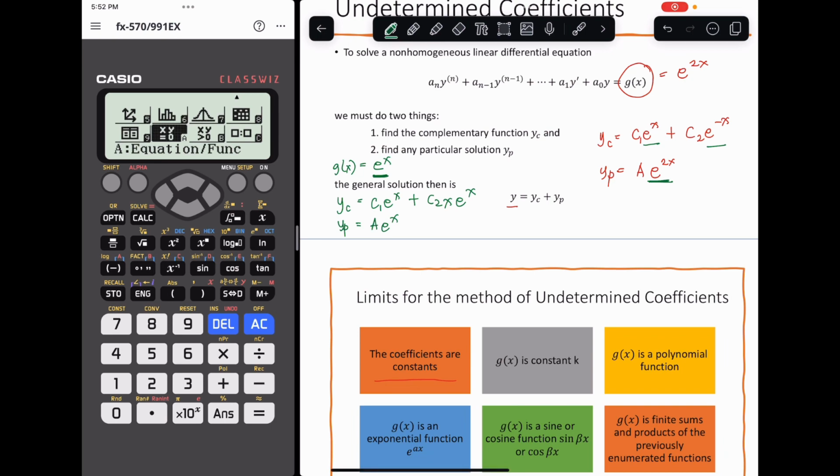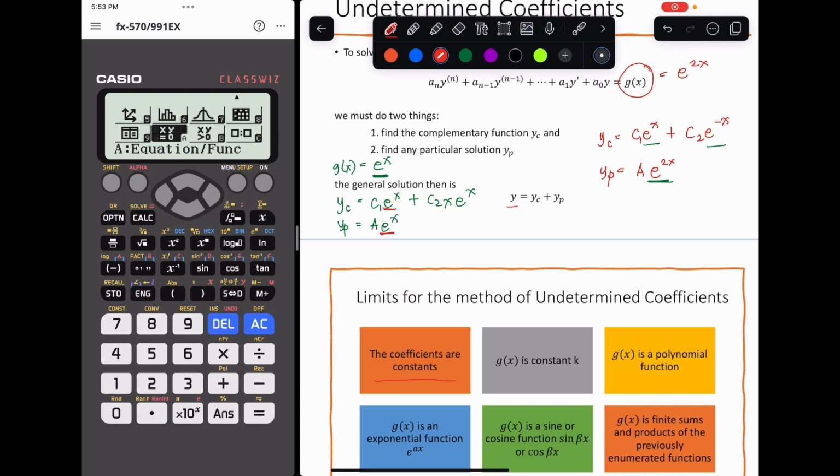Now, observing our particular solution in comparison to our complementary solution, e raised to x is the same as the first term e raised to x. C1 is just a constant, A is a constant as well, but these are similar terms. Both of them are e raised to x. So in this case, this falls under case 2, meaning the term in our complementary solution is duplicated in the term for our particular solution.